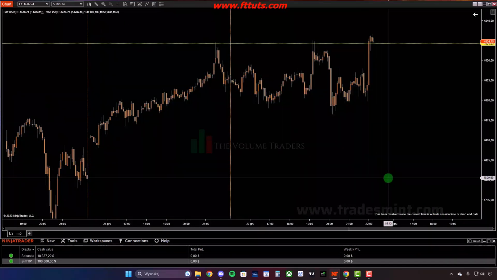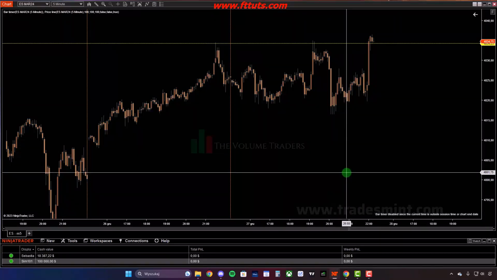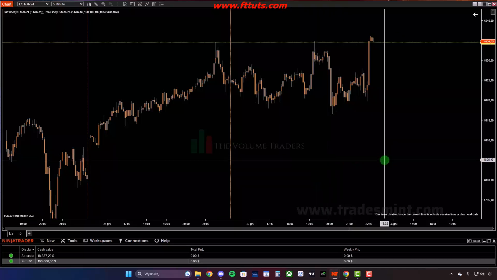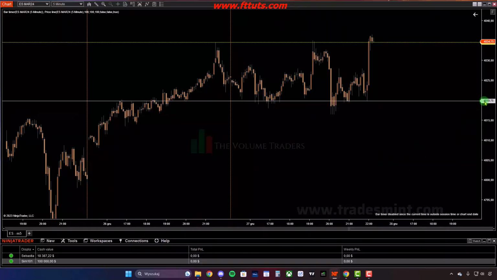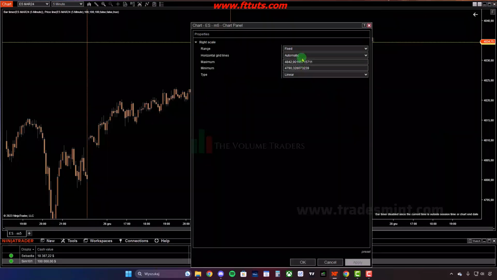Another tip, the last tip regarding setting up the charts, is to use horizontal grid lines. Why? Because I can very quickly see where to set my stop loss.